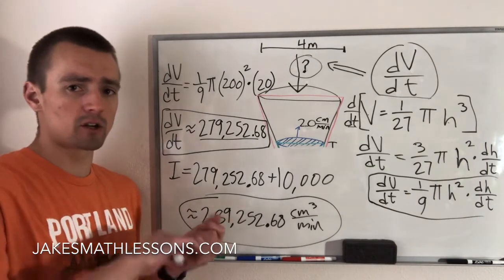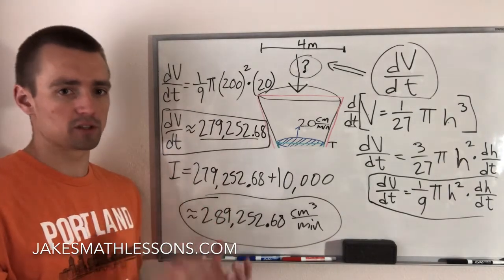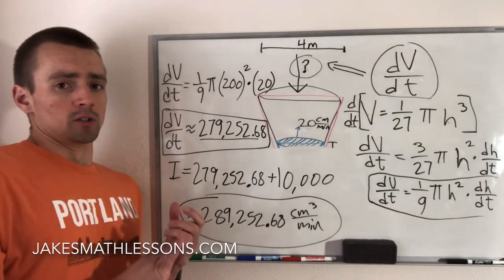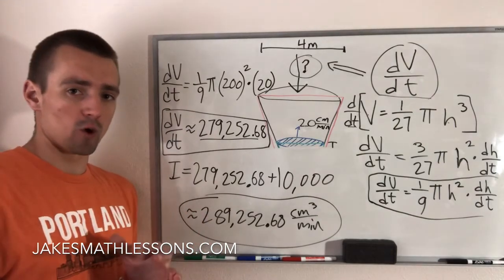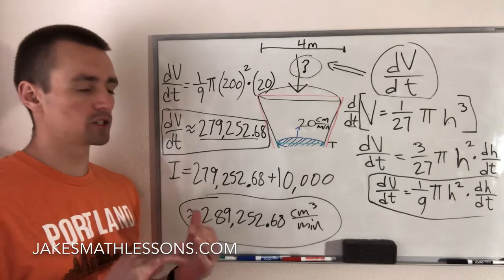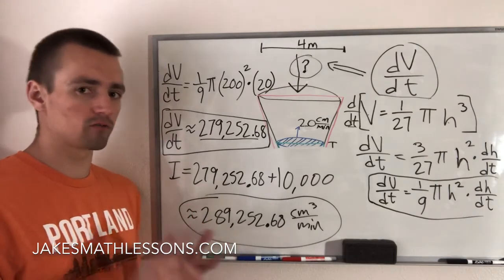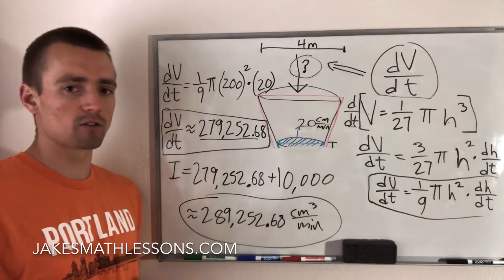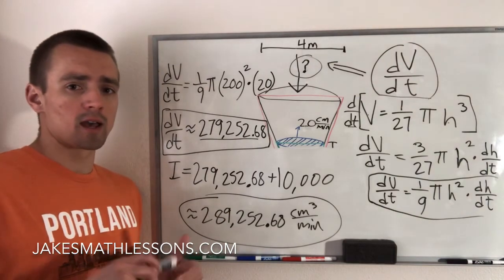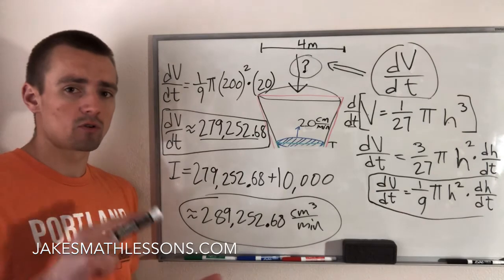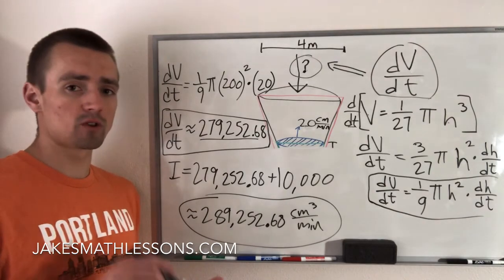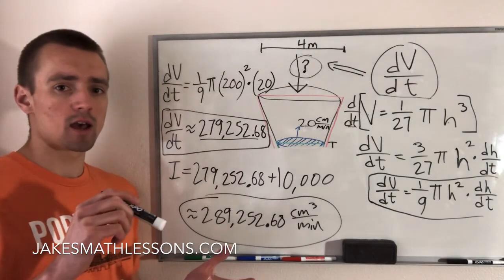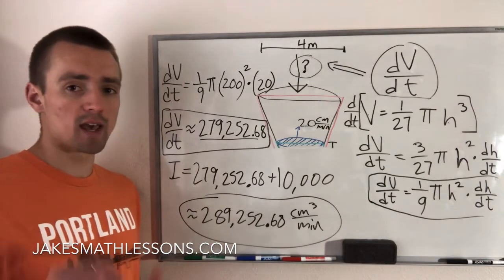Once you've drawn your picture, you'll use that, specifically the geometric shape, to come up with your equation. Coming up with your equation should probably involve some sort of volume or surface area equation for some sort of shape, like it did here, the volume of a cone. And you're also going to want to sort through what variable you have to have in there, and then what other variables it's okay to have in there.